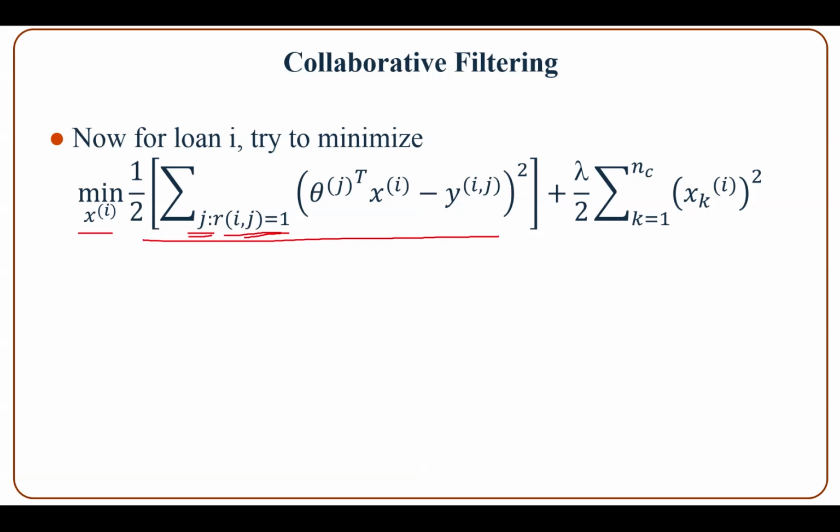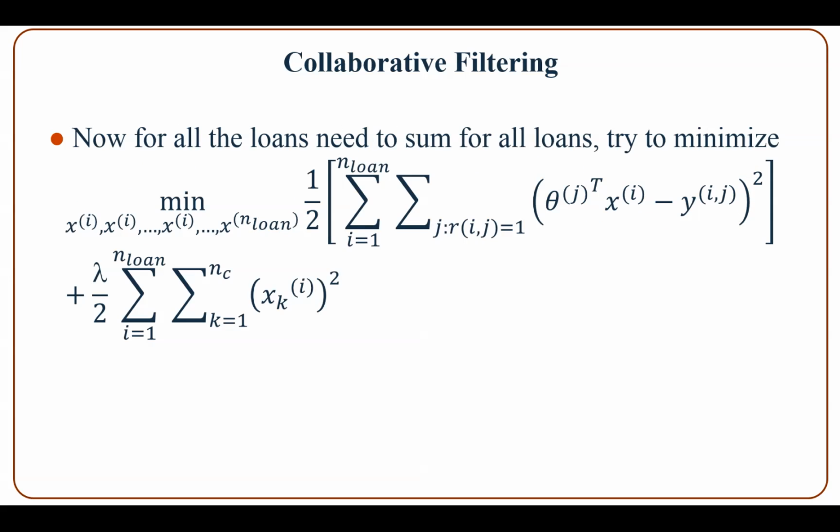And here we try to minimize the objective function by changing xi. And again, for all the loans, we need to sum for all the loans by adding the sum from 1 to n loan here and there.